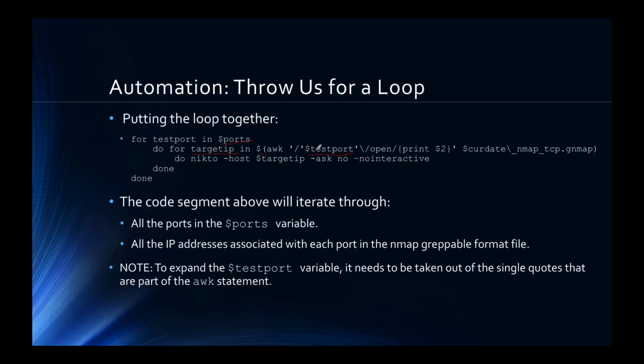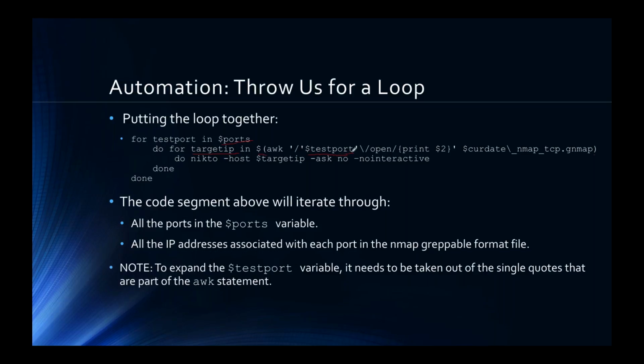Note that I pulled the test port out of the string delimiters here, the single ticks, and there are other ways of handling this. This was the easiest way to make it easy to see what is actually happening here. Because we want the variable to expand, if you put this variable inside the single ticks, Bash won't expand the variable.